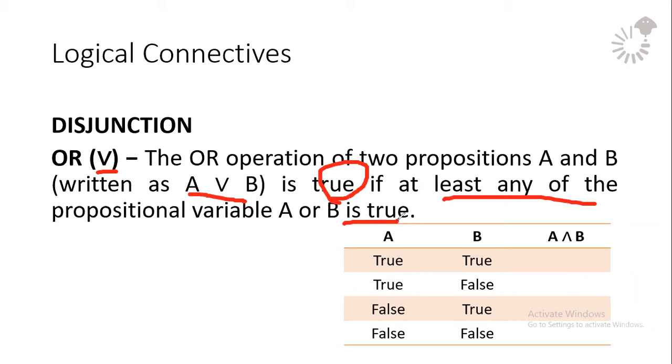So, as long as there is a true, the output is true. This is OR. A or B: true or true is true. True or false is? True. True, ma'am. False or true is? True. True, ma'am. And false or false is? False. False, ma'am.